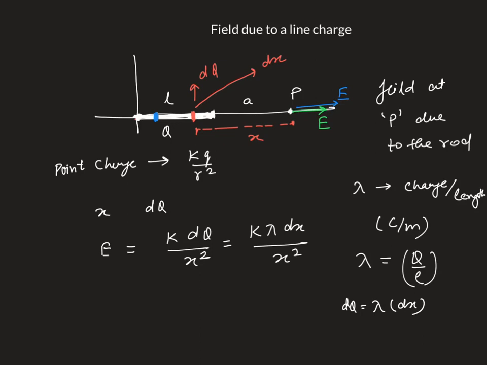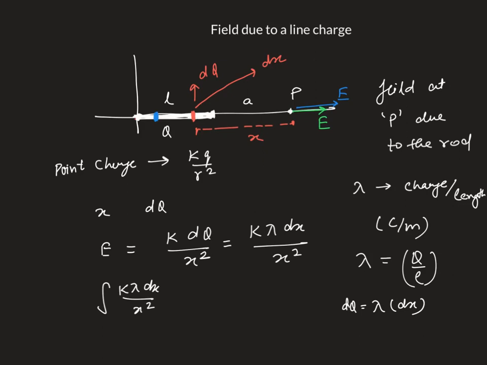All we have to do is simply add the magnitudes. In order to add the magnitudes, we do a very simple thing, that we integrate. Now, integration of field, obviously, k lambda dx upon x squared.